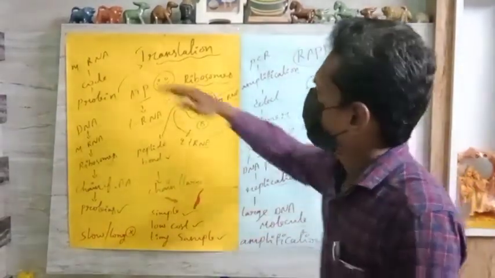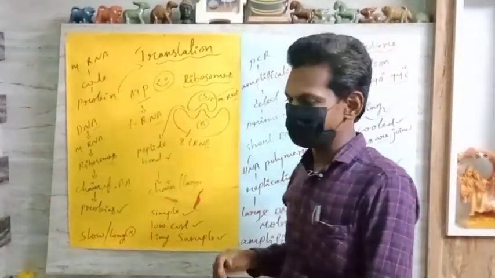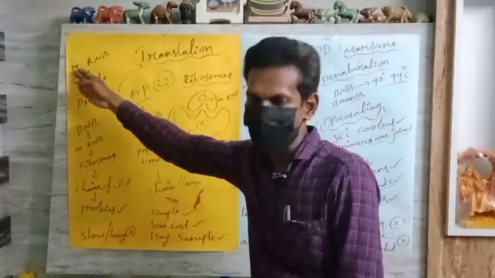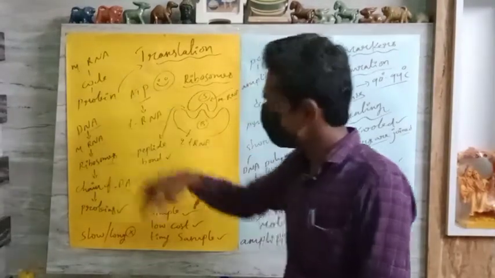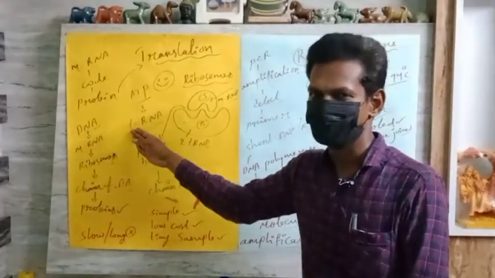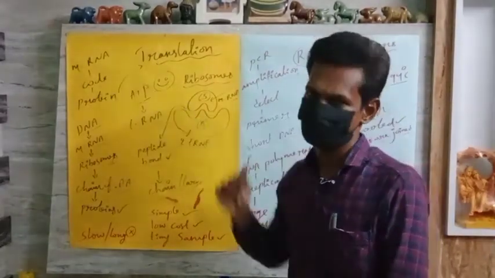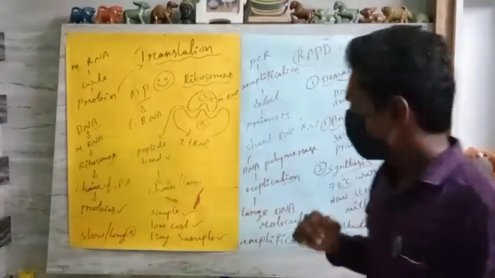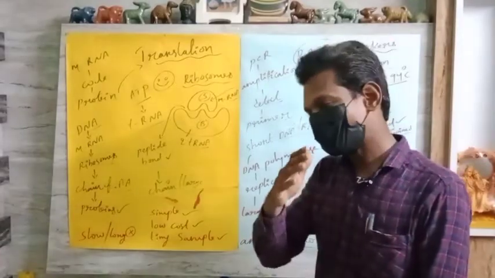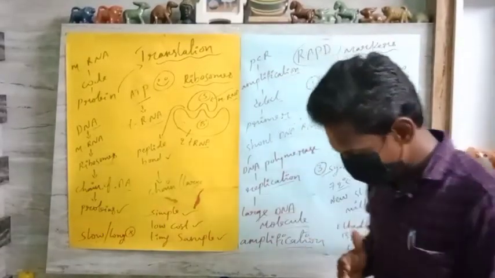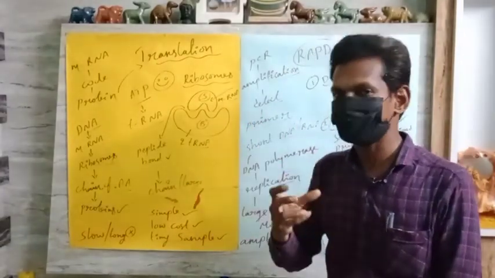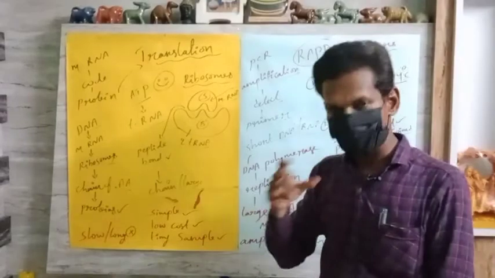RNA, ribonucleic acid, has different subtypes: mRNA, messenger RNA, M meaning messenger; tRNA, transfer RNA, T meaning transfer; and rRNA, ribosomal RNA. Do you have an idea of ribosomes? Ribosomes are present in both plant and animal cells. They are known as protein factories because they synthesize proteins.